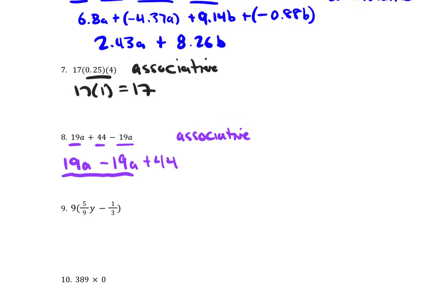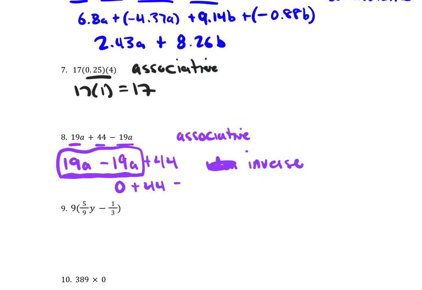So that's going to completely become 0. So that's going to be my identity. No, not my identity, sorry. My inverse property, because if I add the complete opposite, it goes away and becomes 0. So my final answer is going to be 44.